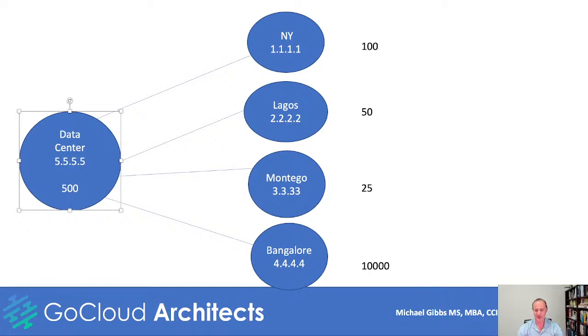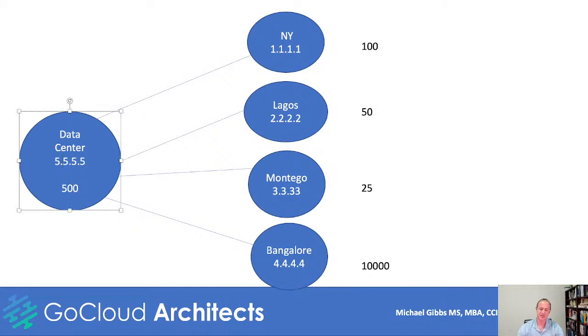So just for the VLANs, we need 10,000 plus 25 plus 50 plus 100 plus 500. So for the VLANs themselves, we need 10,675 subnets. Again, this is nothing in a real enterprise. Now, what other subnets do we need? Well, every loopback needs to be on its own subnet. So we're going to add 5 more. So that's 5.